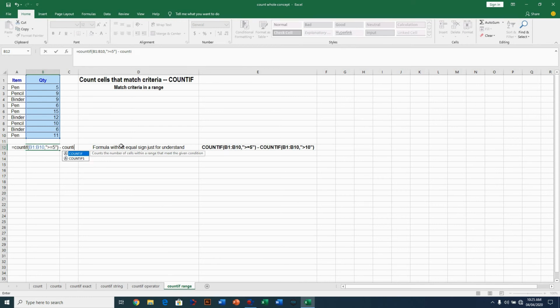Again I write the formula without the equal sign, because we wrote the equal sign at the first, so no need to write another one. Selecting the range again, comma, writing the criteria.